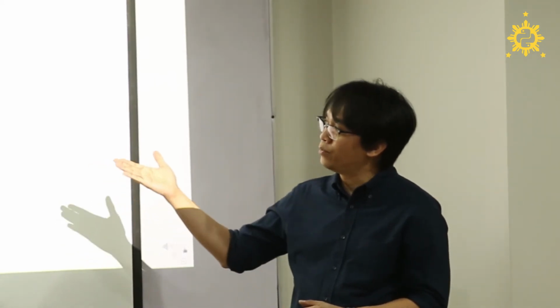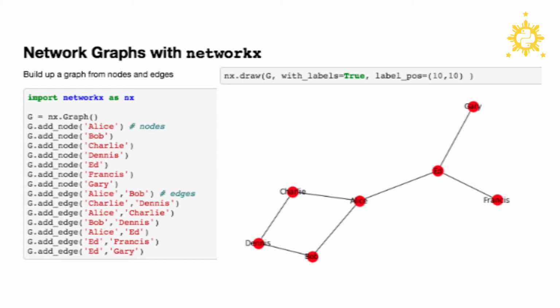So you're just declaring that we have 5, 6, 7 different nodes and 5, 6 different edges. And you can visualize what that would be by calling a draw function.